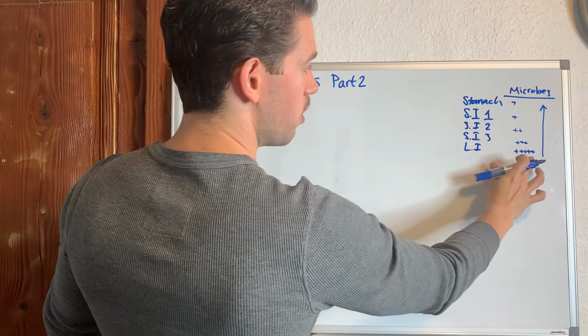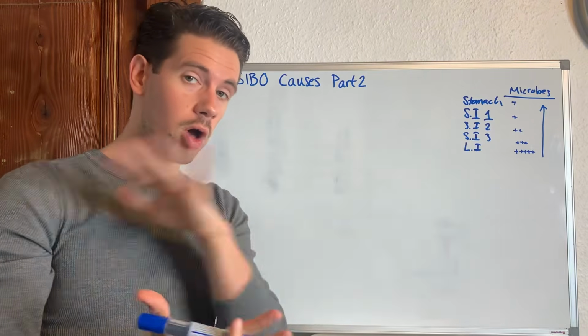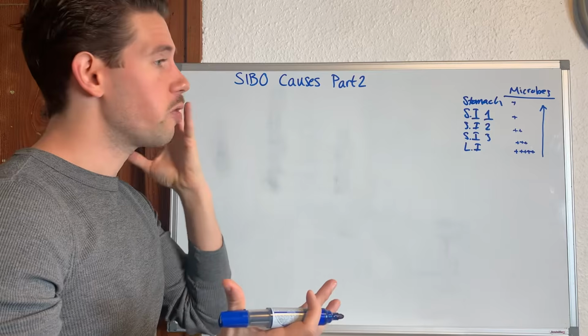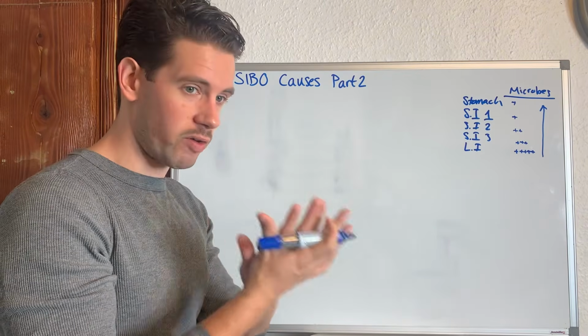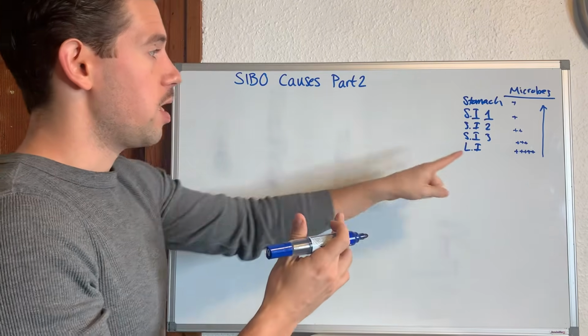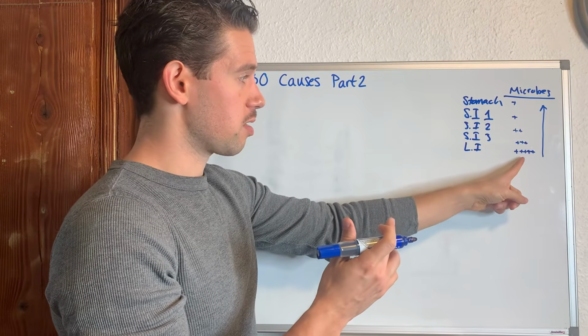This is what I'll give: 5, 3, 2, 1, 1. Because there are microbes all over in the body. You have microbes on your skin, in your mouth, in your nose, in your lungs, in your heart. You have microbes everywhere.